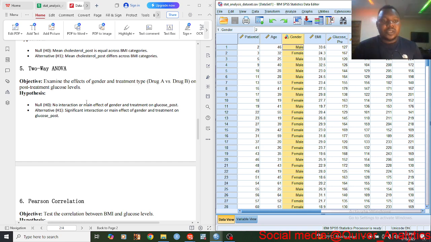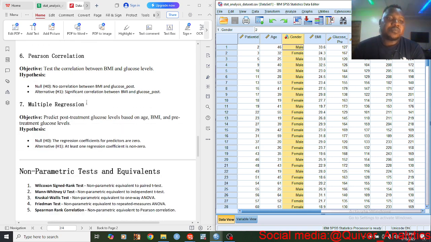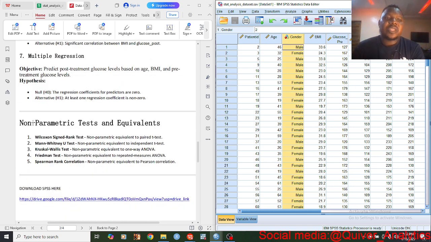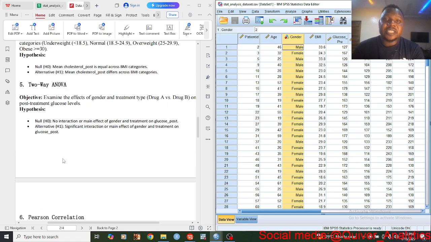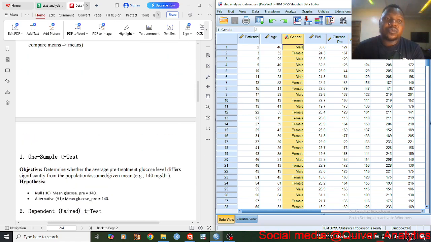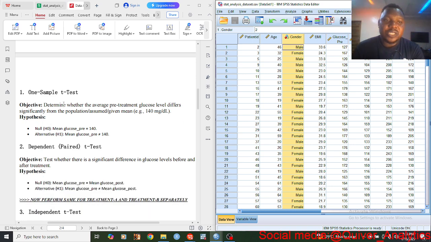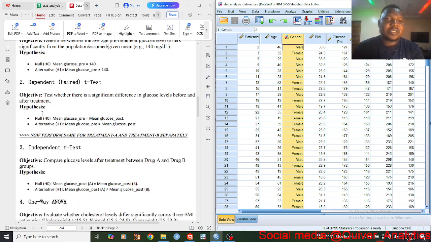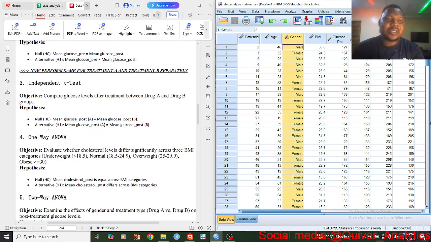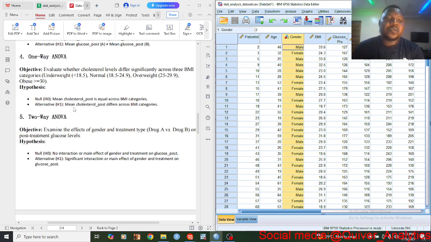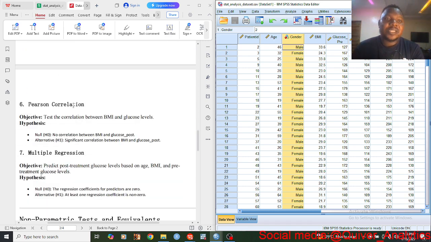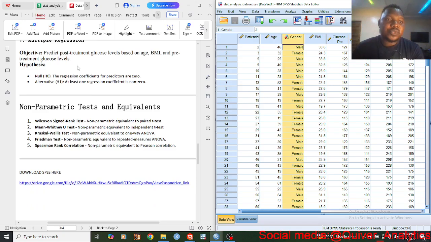So we have multiple regression. There are 7 tests that we want to go through. We might not be able to cover them in one video, so I'm going to split the video into 2. We have the one-sample t-test, the dependent paired-sample t-test, the independent-sample t-test, the one-way ANOVA, the two-way ANOVA, the Pearson correlation, and the multiple regression.